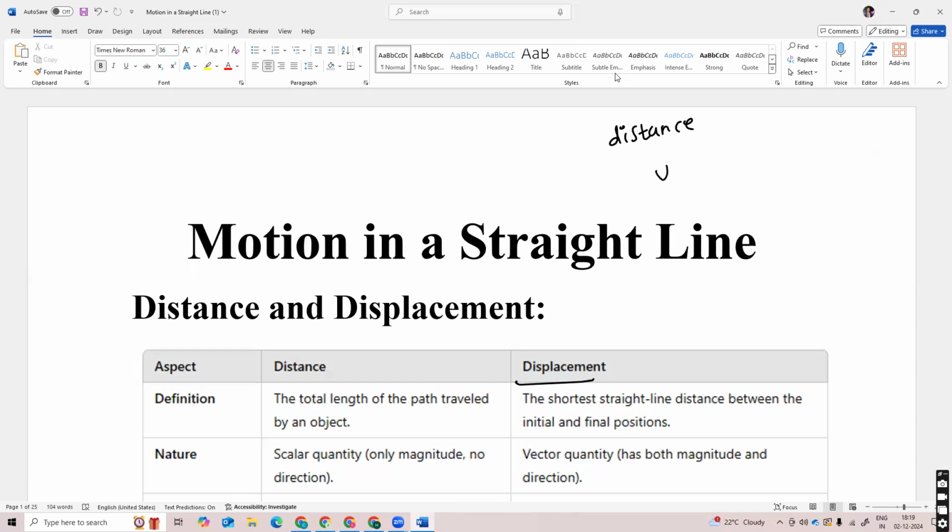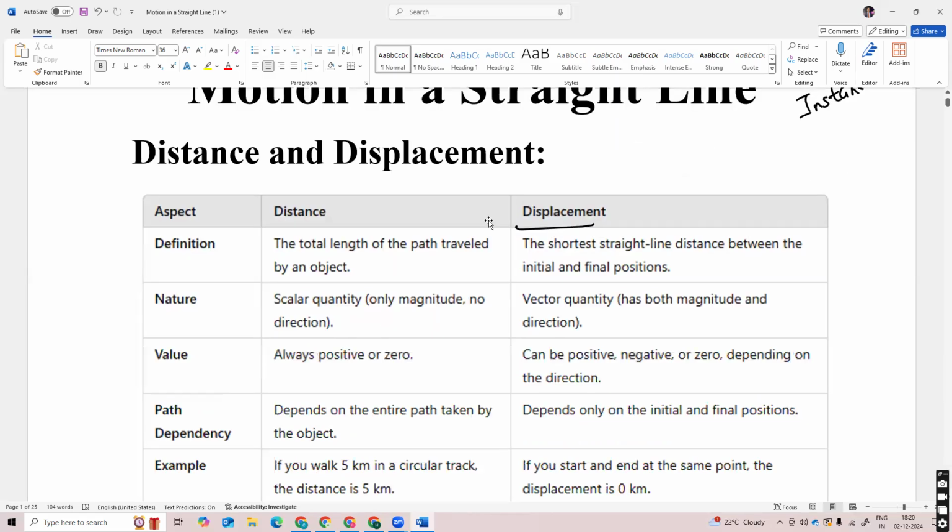Then what is velocity, what is speed, what is acceleration, and what is the difference between average and instantaneous velocity and instantaneous acceleration. Average and instantaneous. Okay, so let's start with distance and displacement.